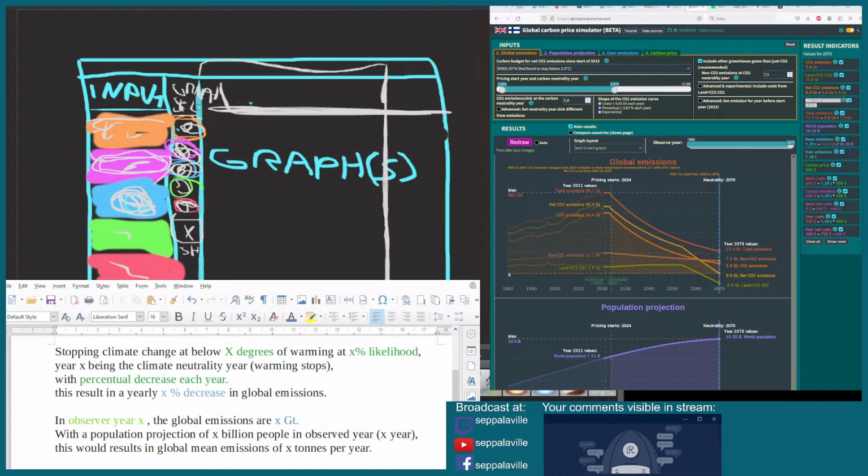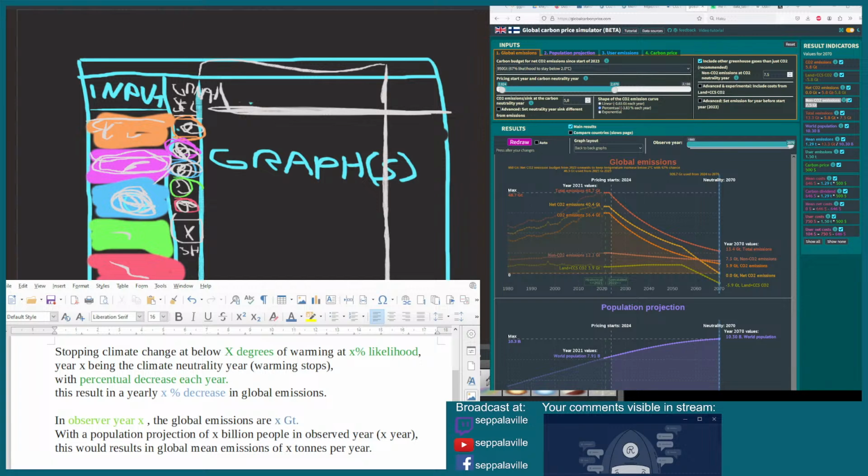I'm also thinking, could we have the text results on the extreme left, so they would be left of the input?